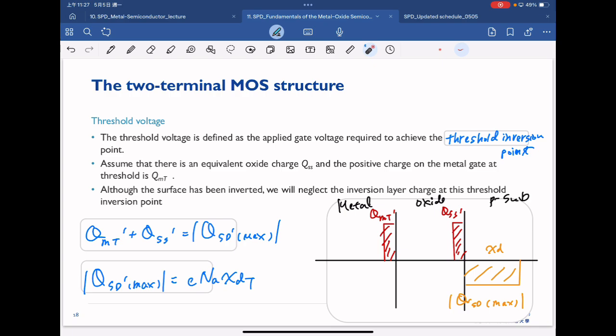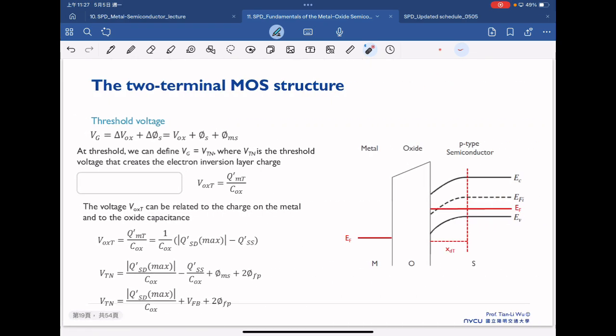So now the next step is that our gate bias can be divided into two considerations. One is the voltage drop in the oxide and the voltage drop in the semiconductor, which becomes our surface potential. But we can also consider the phi_s plus the phi_ms as well.